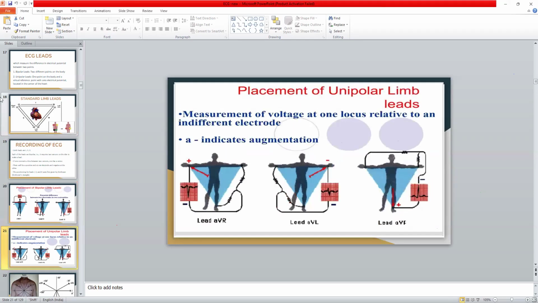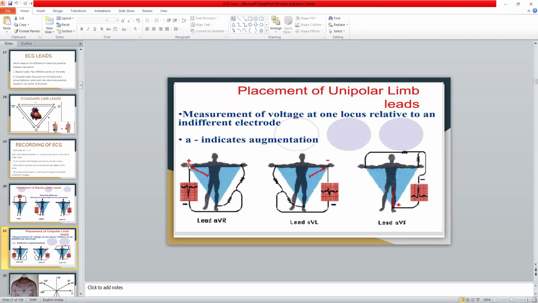Coming to the placement of unipolar limb leads, I have already told you that the unipolar limb leads, that is aVR, aVL and aVF, measure the electrical activity at one point on the body, with a virtual reference point with zero electrical potential located in the center of the heart.